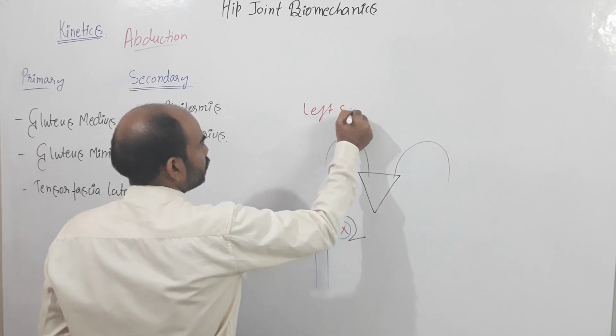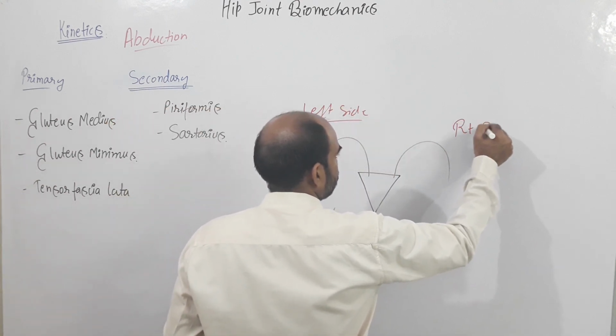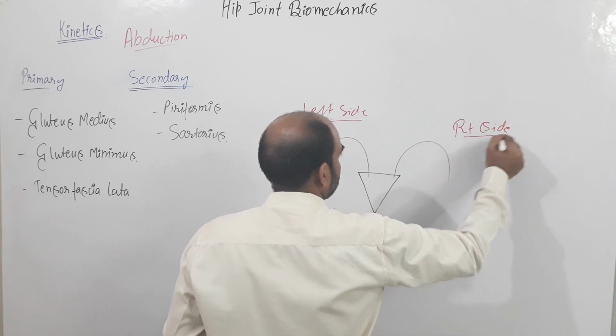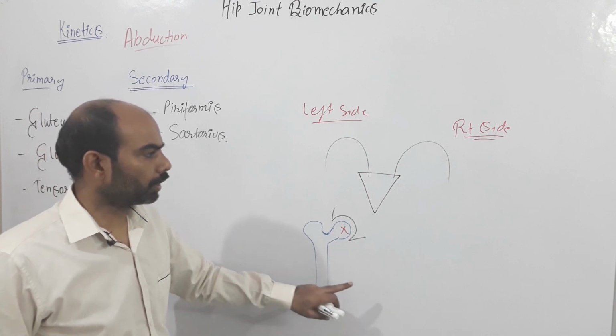For this example, this is the left side and this is the right side, and it is a left side single limb stance.